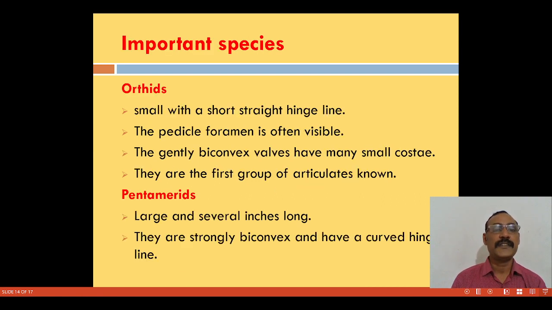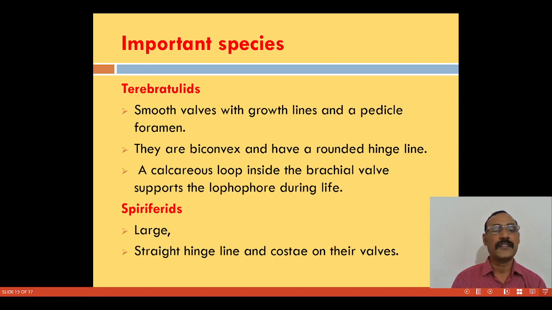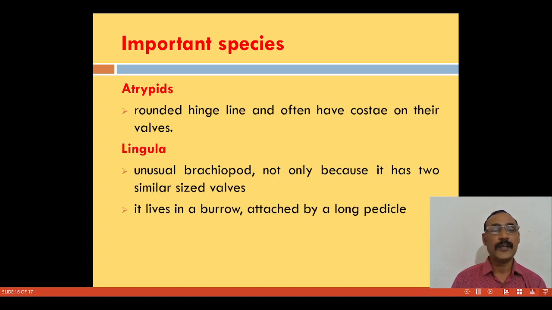The important groups are the orthids, which have short straight hinge lines; the pentamerids, which are large, several inches long; and the spiriferids, which are very large, with straight hinge lines. And Lingula is unusual and the most important one.